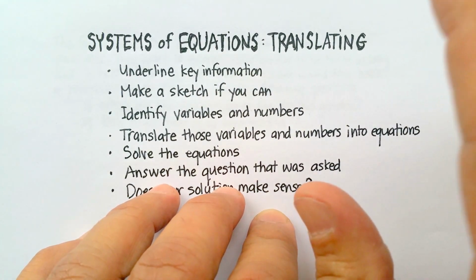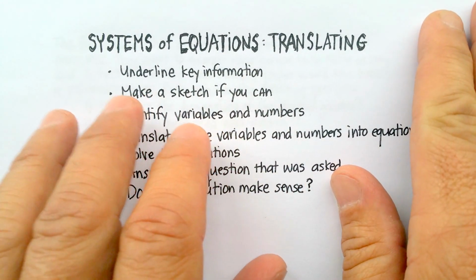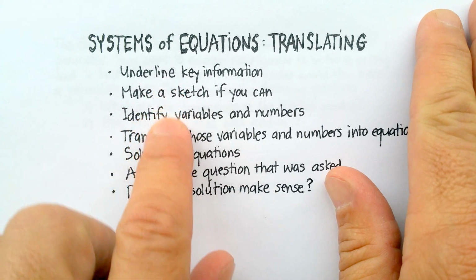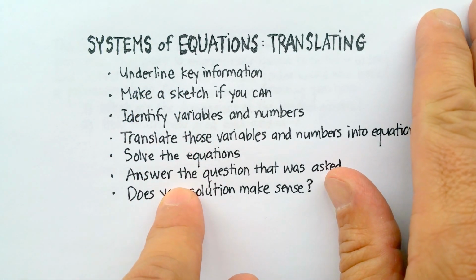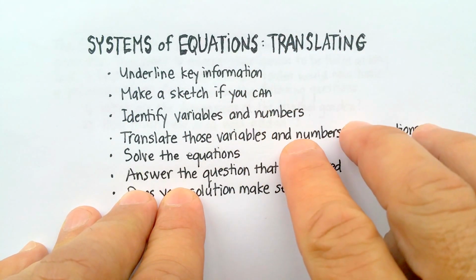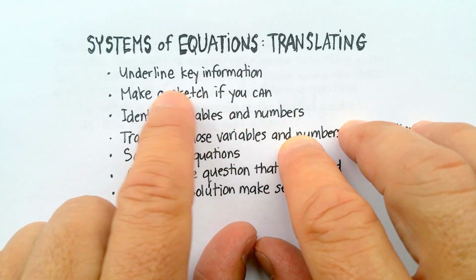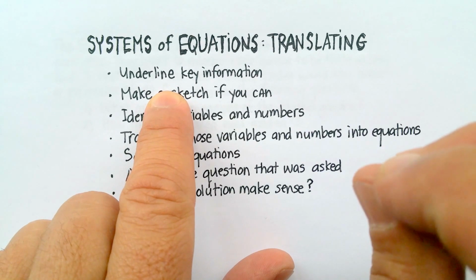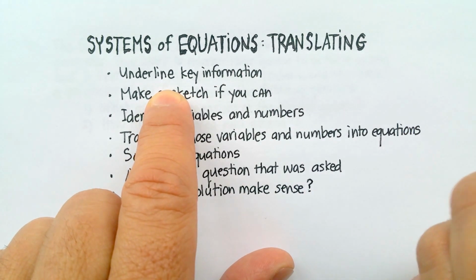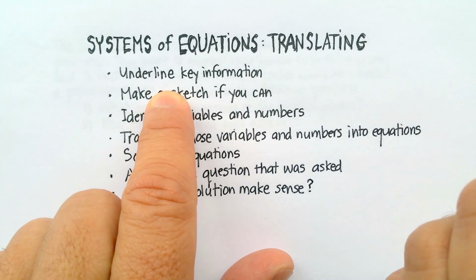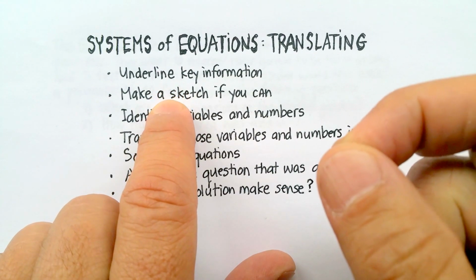Now, whenever I'm translating real world into math, I have certain things that I do. I just wanted to go over them with you. So if I see a text in front of me, I always try to underline what key information I can. And that key information really has to do with the quantities, mostly quantities that are described in the text, right?